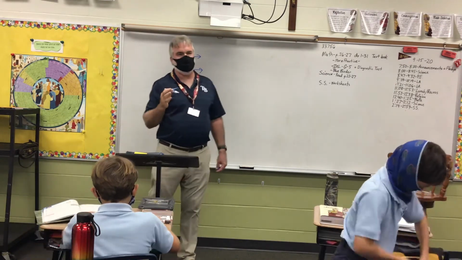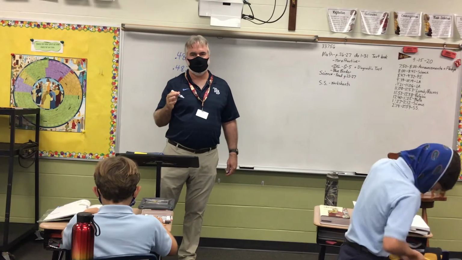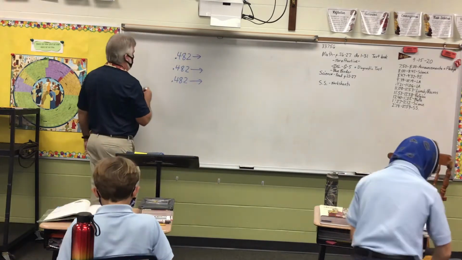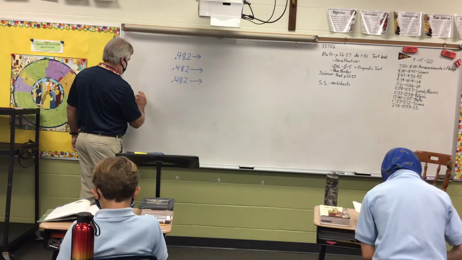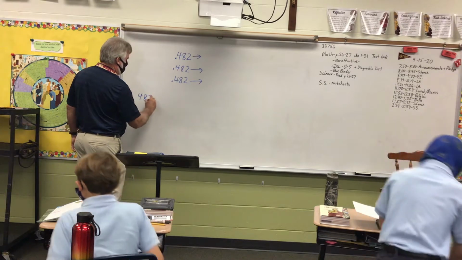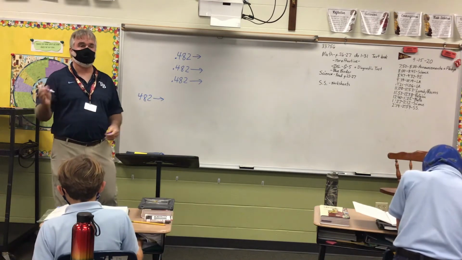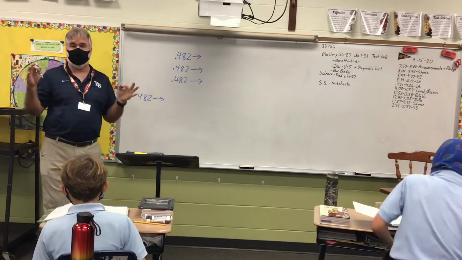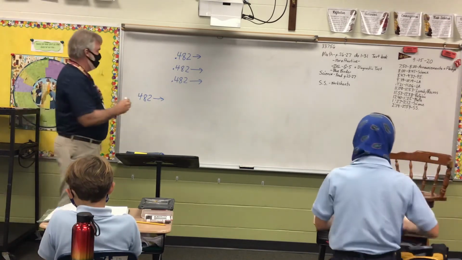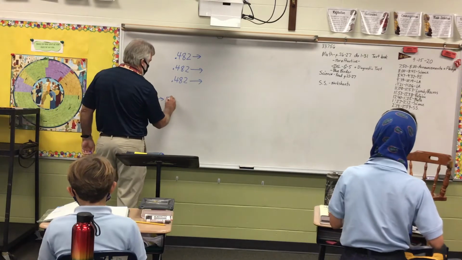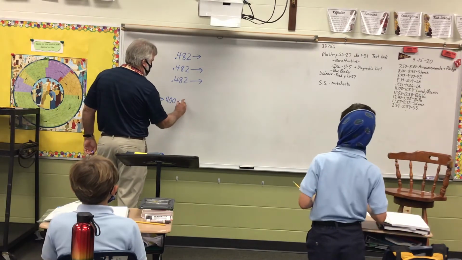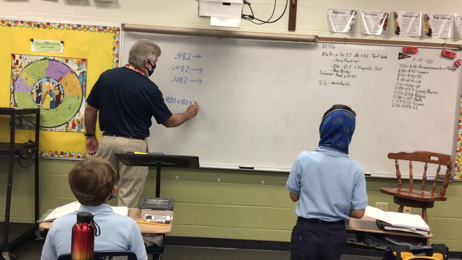When you're doing expanded form, before we had 482, just plain 482. Last chapter was all whole numbers. You could do it as 400 plus 80 plus 2.